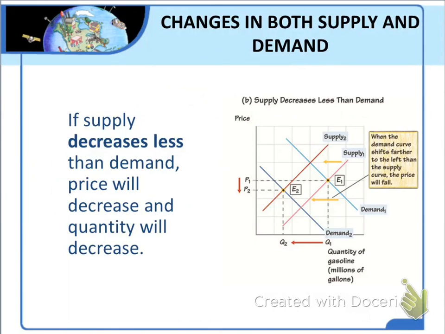Now, if you look at this figure closely, make sure you understand why the price in this example can stay the same, rise or fall, depending on the size of the supply shift relative to the demand shift. This one shows that if supply decreases less than demand, price will decrease and quantity will decrease.